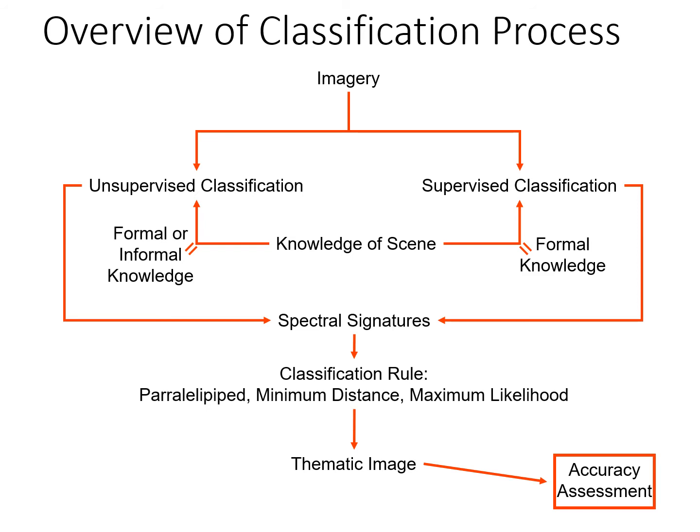But in fact, it's very easy to trick yourself. And so you really need to have a quantitative accuracy assessment where you use a separate data source to check on the accuracy with which you assigned various classes to individual pixels.